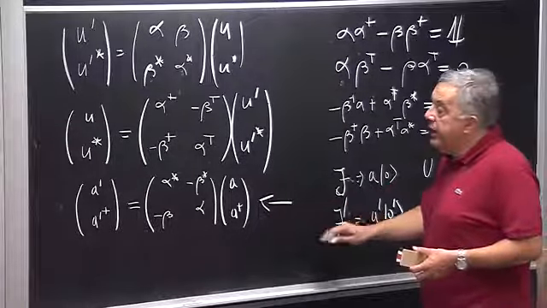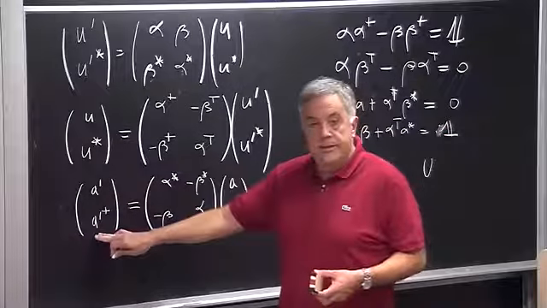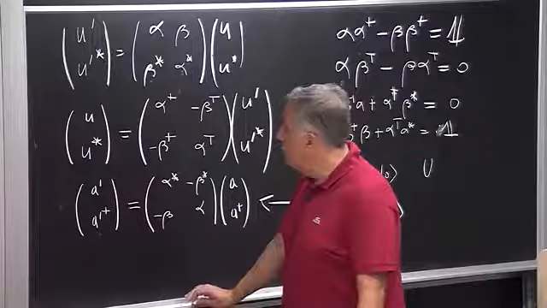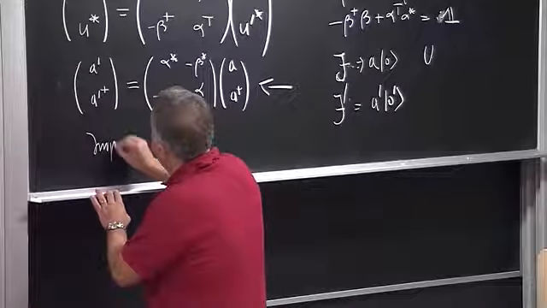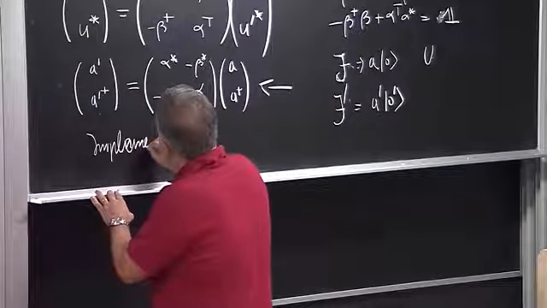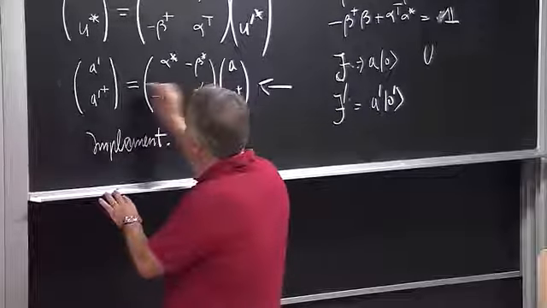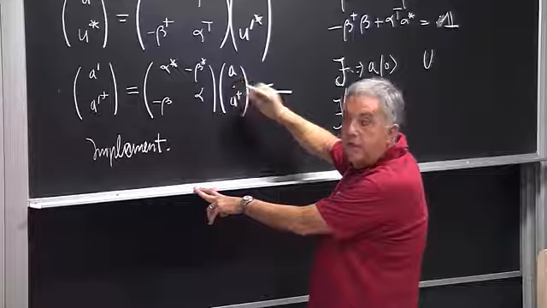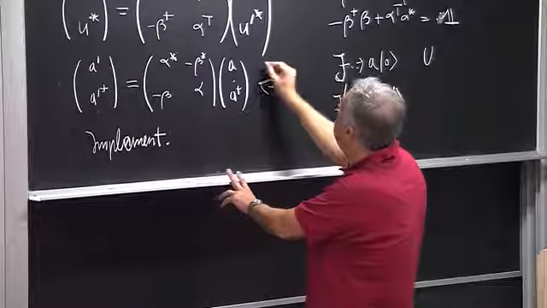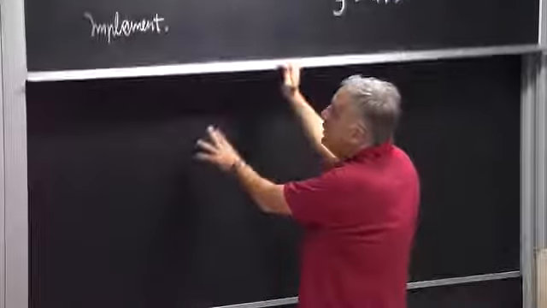Or else, how can we implement this Bogoliubov transformation? The word implement means that we have a transformation at the algebraic level, and we look for a unitary operator realizing this concretely.